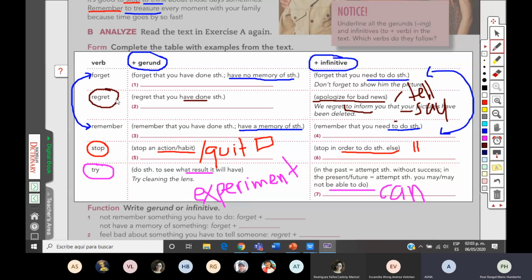O I regret buying that new cell phone because it was very expensive and it's useless. Me arrepiento de haberlo. So that's the difference between these. All right. Questions about these verbs that we're going to be using? No, nada.